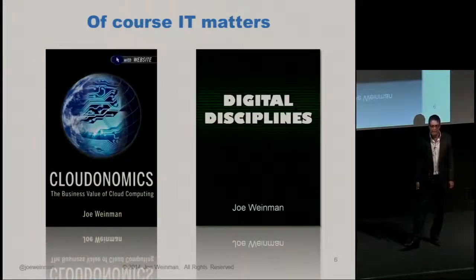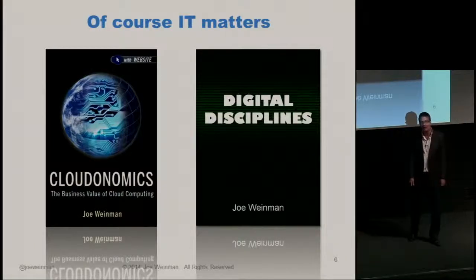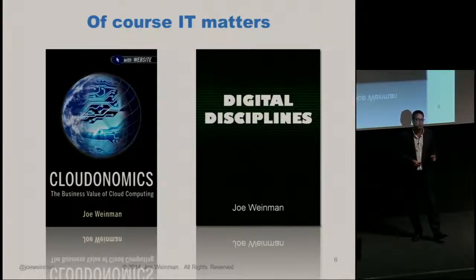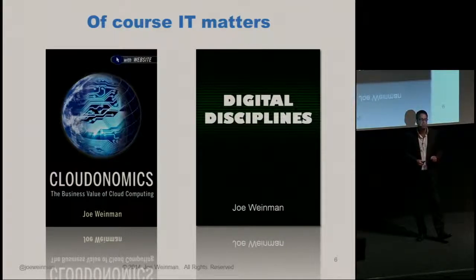So I leveraged some of that data when I wrote Cloudonomics, but the question that one needs to ask is, it's nice to know that firms overall generally statistically gain a benefit, just like it's nice to know that people's standard of living is increasing. But what's even better than aggregate average results is results for you yourself, right?